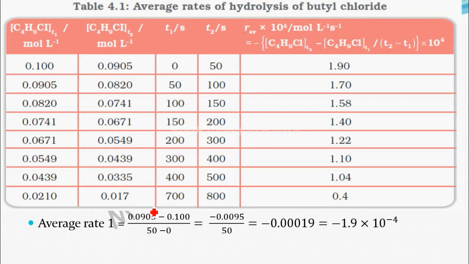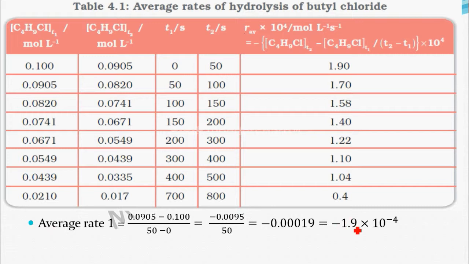That is the change in concentration. How do you take it? Final concentration minus initial concentration in this interval, and change in time, final time, that is 50, minus initial time, 0. See, when you subtract and simplify, you will get the average rate as minus, this minus sign indicates decrease in concentration of reactant.